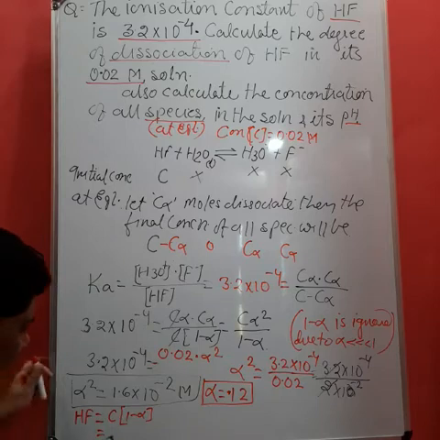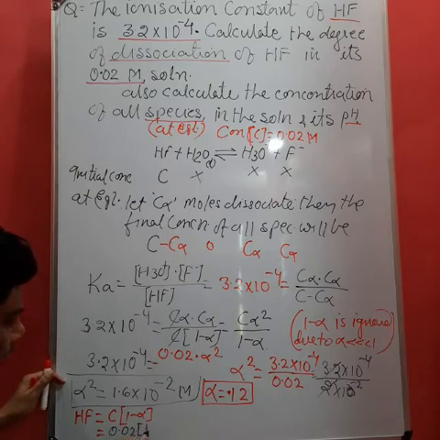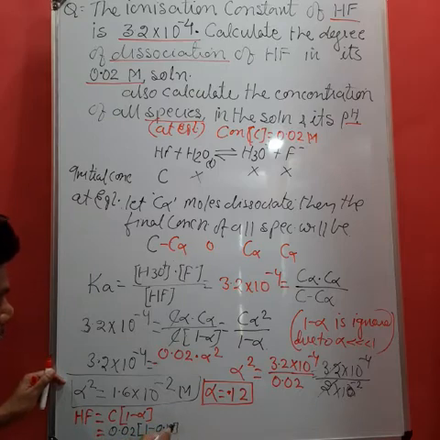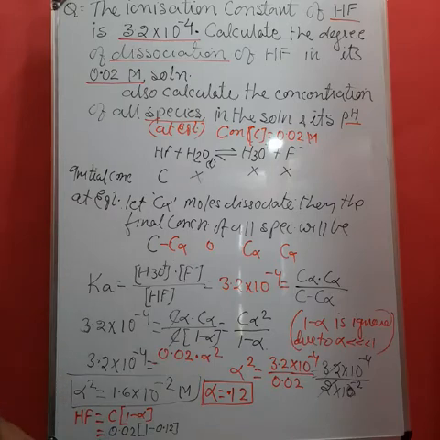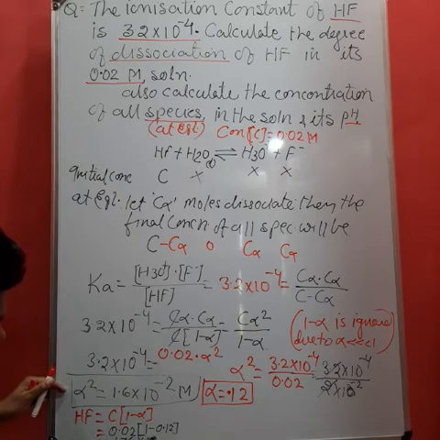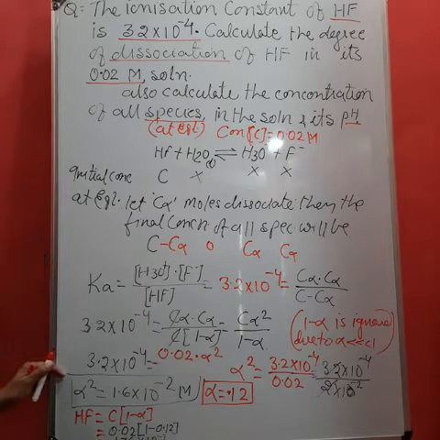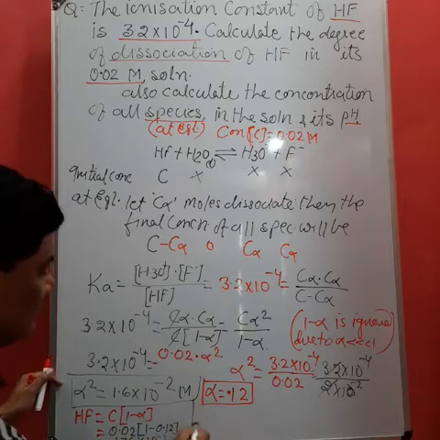C is 0.02 multiplied by 1 minus 0.12. When you solve it, it will give the value 1.76 × 10^-3.